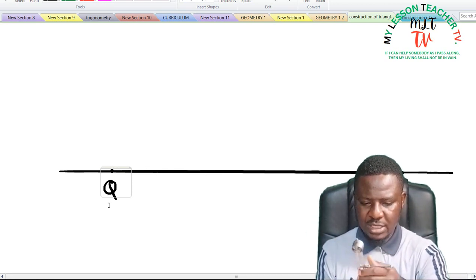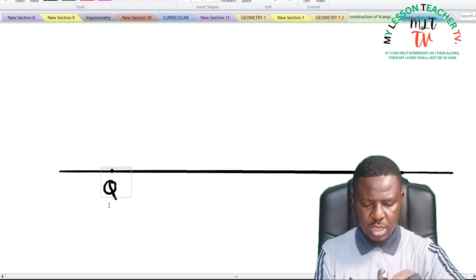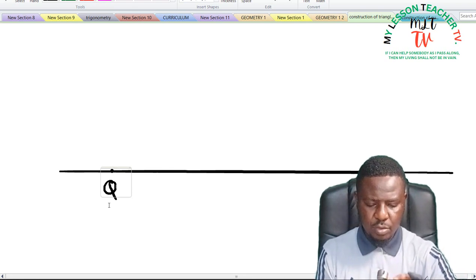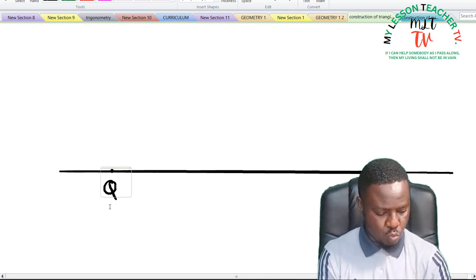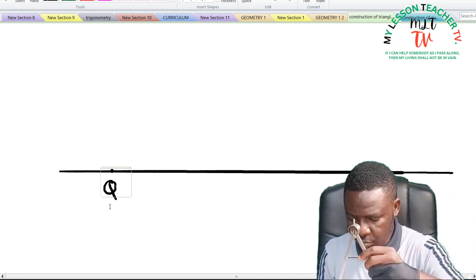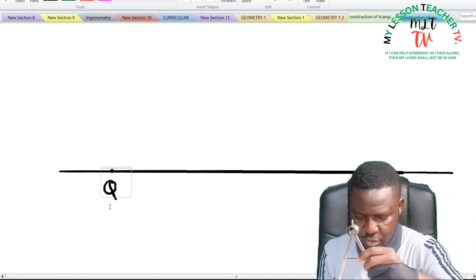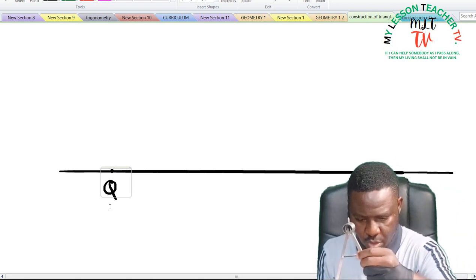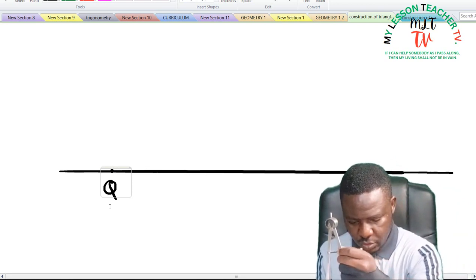You have to extend your compass so that it gives you 11 centimeters, since you are using 1 meter to 1 centimeter. So the first leg is going to be at mark 0, while you extend this to 11.